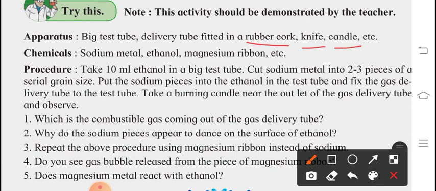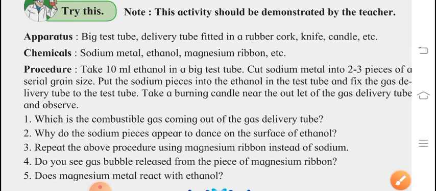With the help of a candle, we bring it to the mouth where hydrogen gas is released. If hydrogen gas is released, the candle goes off with a pop. So these are the steps for the practical. In the video I have shown you, there is not much, but you can understand what is happening there.